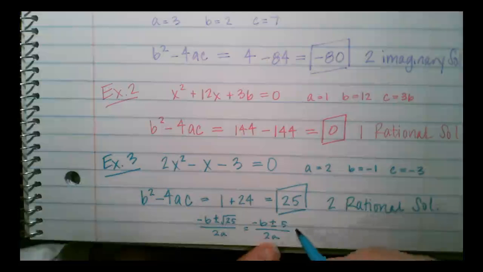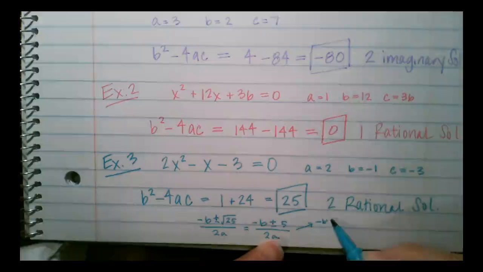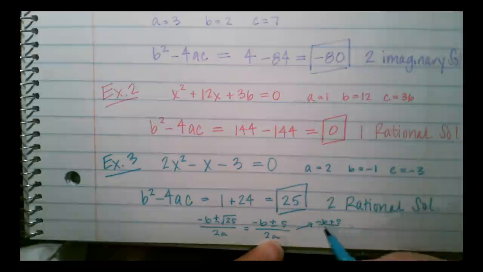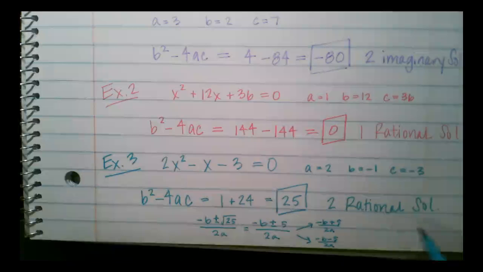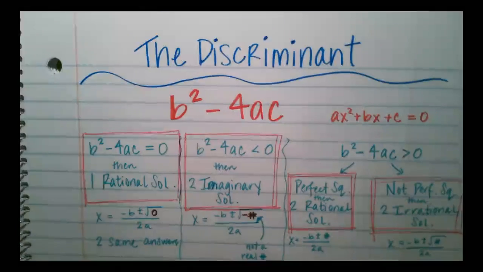So we would have negative b plus 5 over 2a as one answer and negative b minus 5 over 2a. So I'm going to get two rational solutions because since 25 was perfect, I no longer have a square root in my answer. All right, so that takes care of the discriminant.